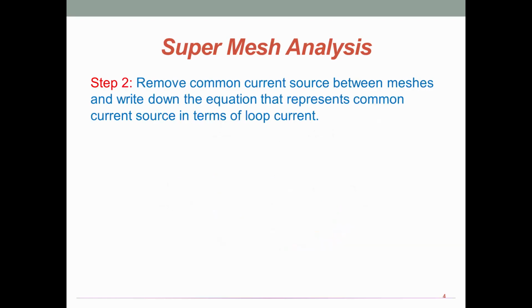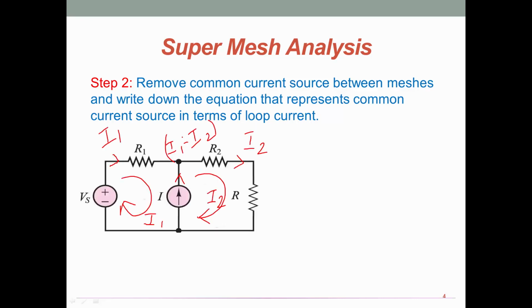In step 2, remove the common current source between meshes and write down the equation that represents the common current source in terms of loop current. That is, I have a common current source I between loop number 1 and 2. I am talking about this portion. I have to remove this current source according to step 2, and I have to write this current source in terms of loop currents I1 and I2.